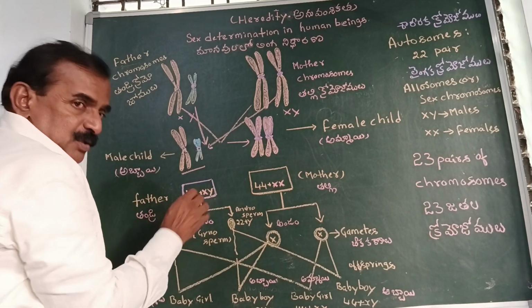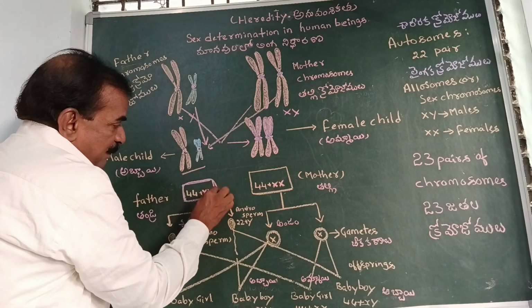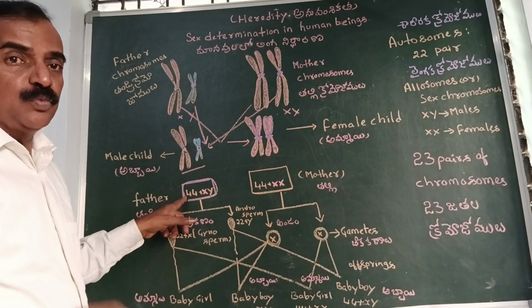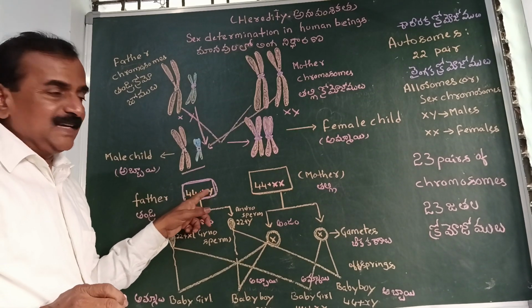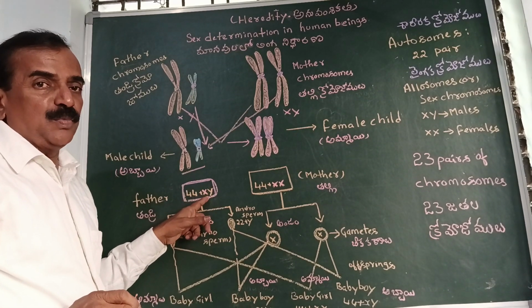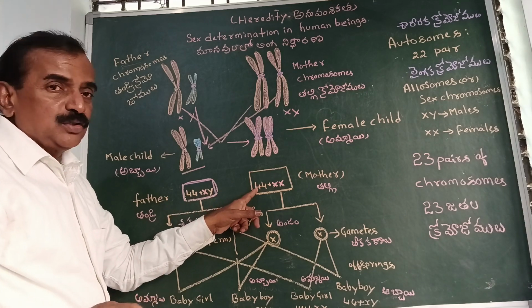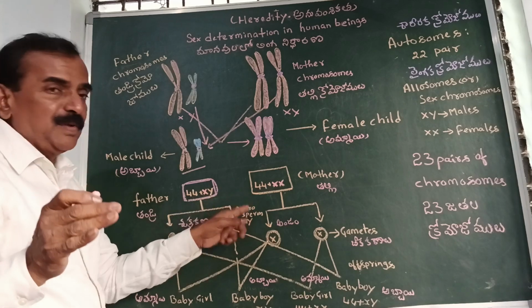So you will understand clearly, in case of male parents, they have 44 chromosomes, 22 pairs, and one pair XY, called sex chromosomes or allosomes. In case of mother, the autosomes are the same. The number and morphology do not differ between male and female species.